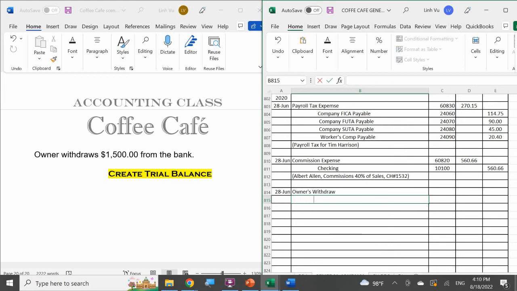So yes, the most proper way to do this, to prevent any fraudulent activity, is that the owner should write himself a check using the business bank account, and afterwards the owner shall take that check and deposit it into his personal checking account.